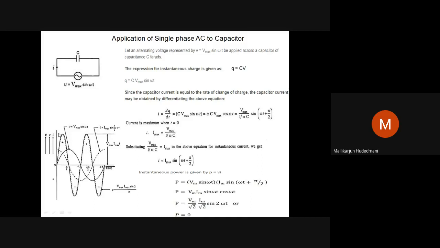From pi by 2 to pi, current is in the lagging phase while voltage is in the upper half, so one is minus, one is plus, and the product becomes negative. A positive and negative half are completed within 0 to pi only.